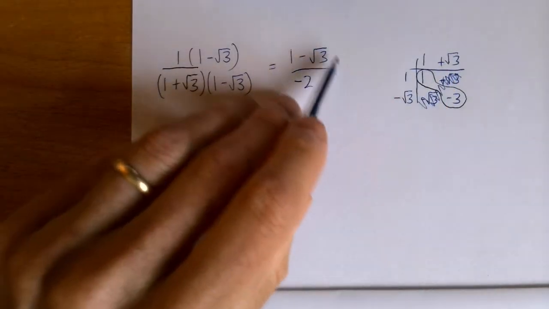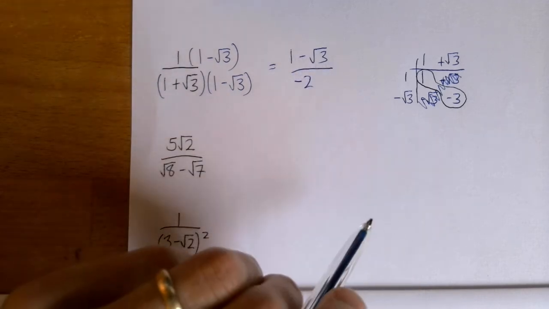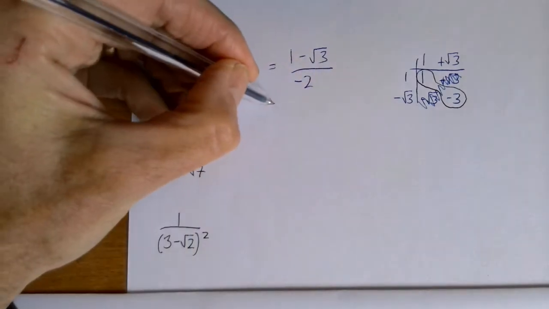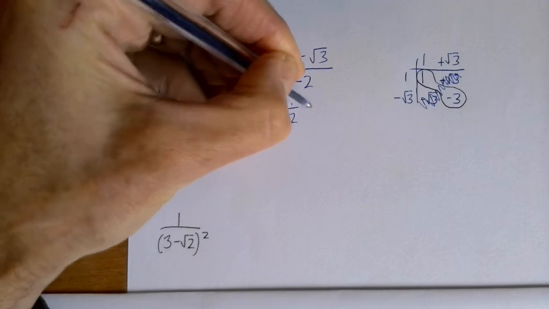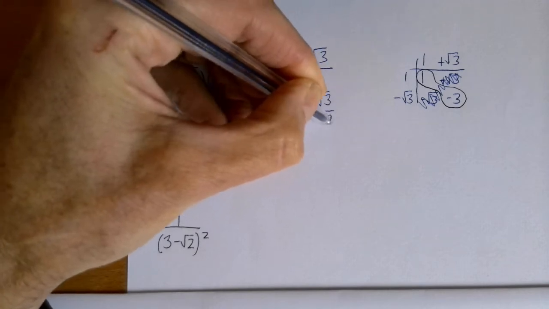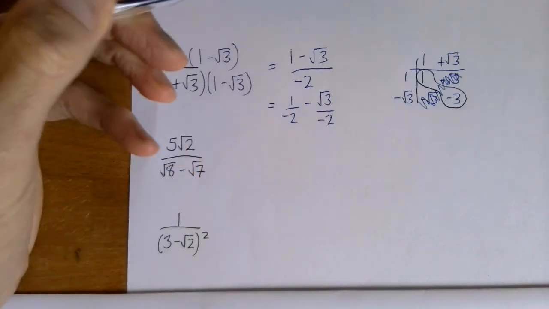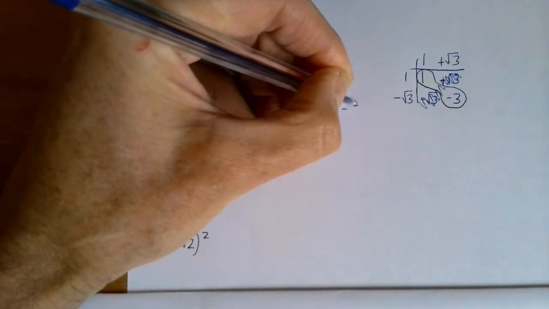Now, sometimes you can simplify this. I would suggest in this case it's best left like that. But I have got 2 things divided by 1 thing, so I could choose to split that into 2 separate fractions. And this 1 over minus 2, we would probably just write as minus a half.